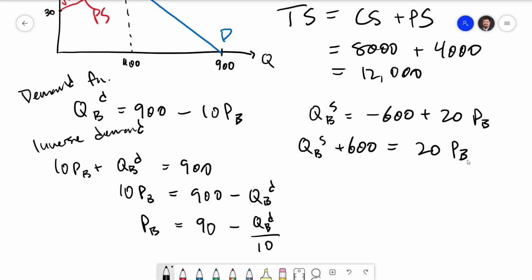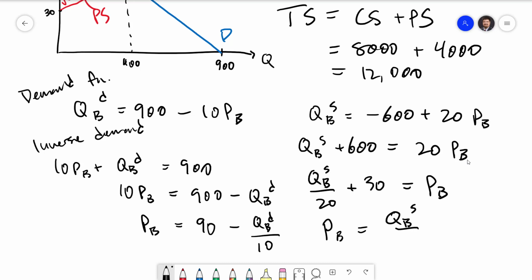Again, make sure to be careful about this. We get QBS over 20 plus 600 divided by 20, which is 30. And that is our inverse supply. Just for consistency, I'm going to flip this thing around and write PB equals QBS over 20 plus 30.